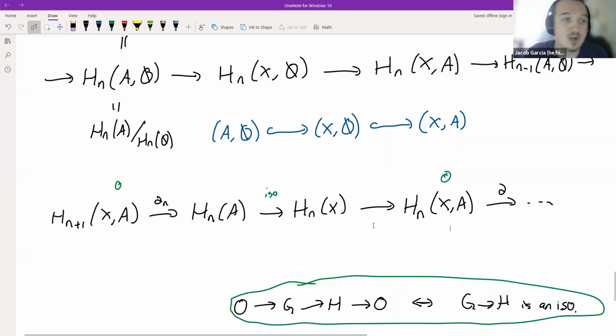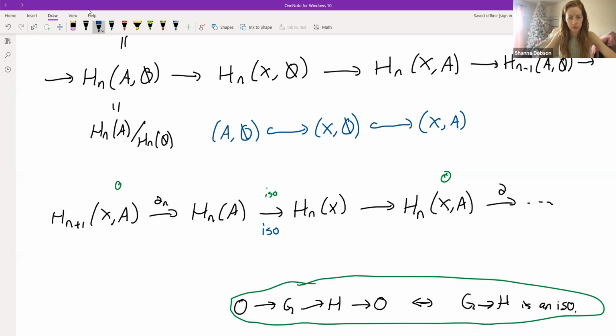So assume, say, that this map is an isomorphism. Using this fact, this function is an isomorphism if and only if the exact sequence has 0 going into the first group and 0 leaving the second group.